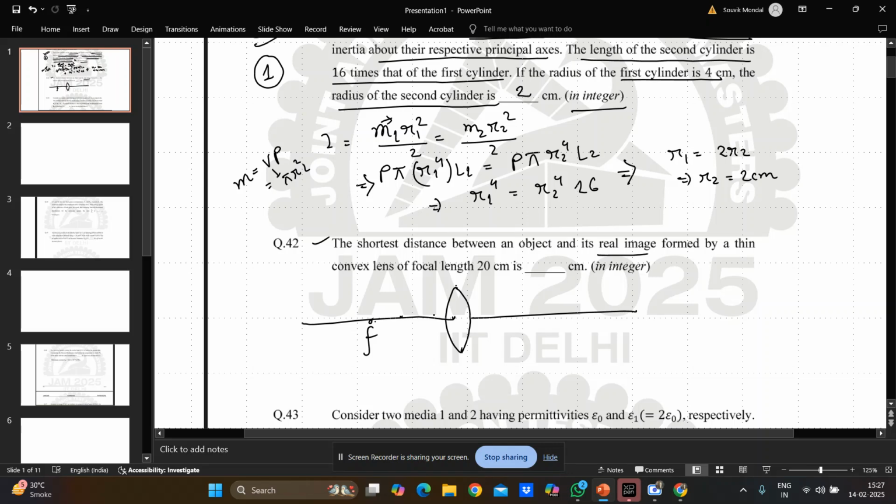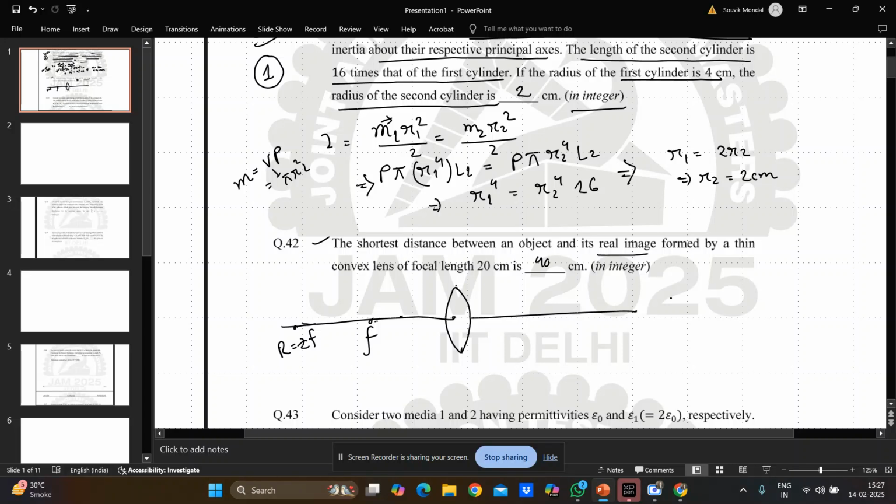Otherwise, in any case, the image will be real. If you try to do it by intuition, just by guess, then you can find one solution, that is if u is equal to 2f it may be the solution. If we don't try to prove it and just do it by intuition, then you can tick 40 cm.